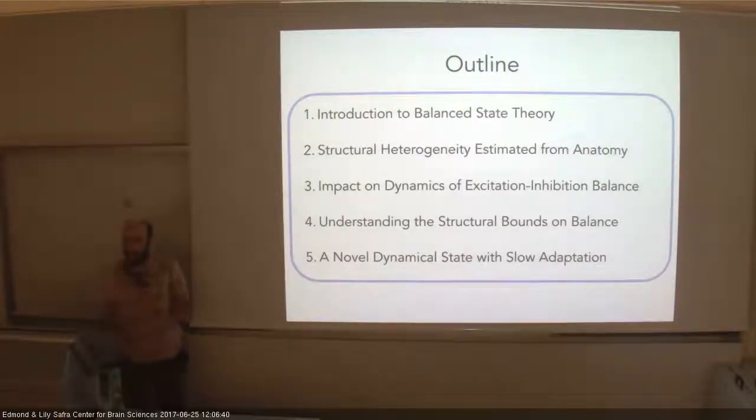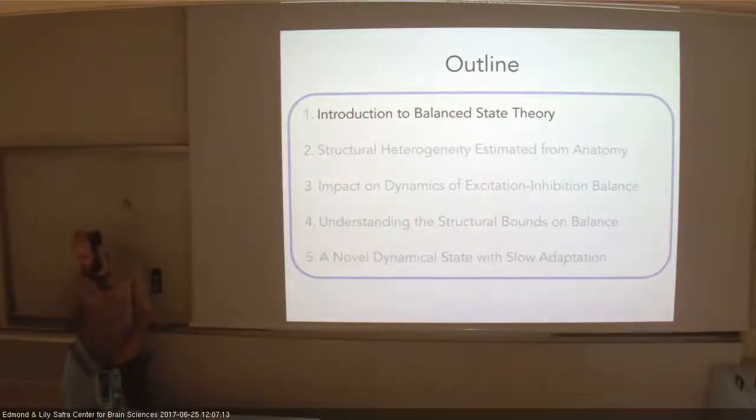And then talk about the relationship that we find between the structure, in particular heterogeneity of the structure, and how that impacts excitation-inhibition balance. Some analytical work understanding the bounds of excitation-inhibition balance with regard to the structure, and finally a fix to the problem that will arise along the way, using slow adaptation currents to correct for the structural heterogeneity. And stop me anytime you want for questions.